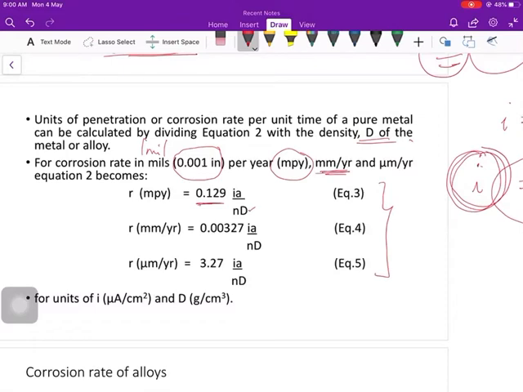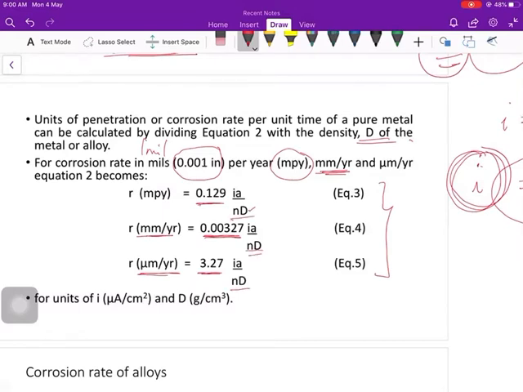So this is the density. Okay, for millimeter, another way of expressing the rate of corrosion is this unit, millimeters per year. How many millimeters of that metal will corrode per year? So you must use this constant, 0.00327. If you want to express in micrometer per year, you just put this.